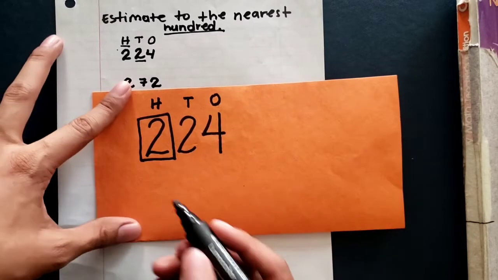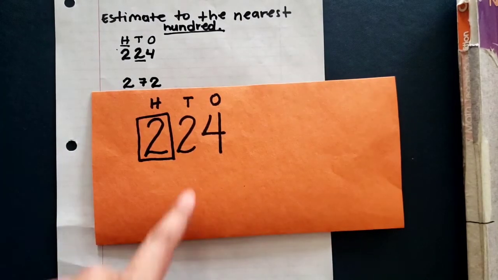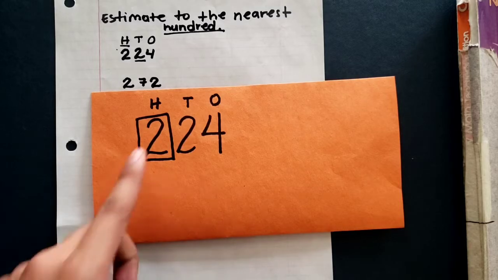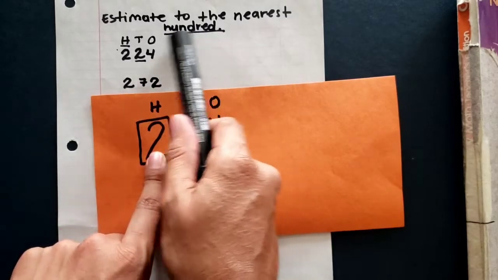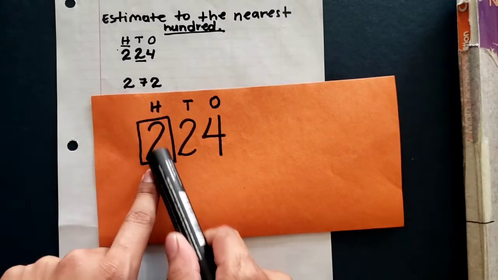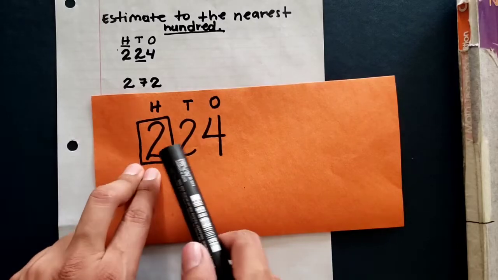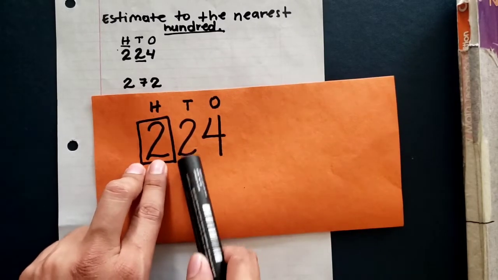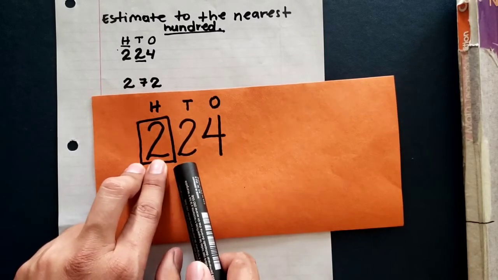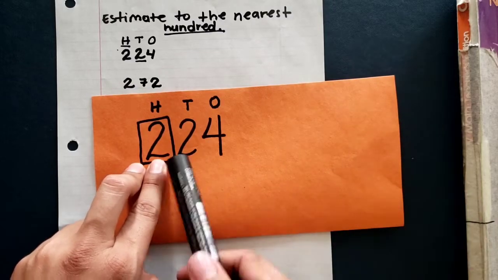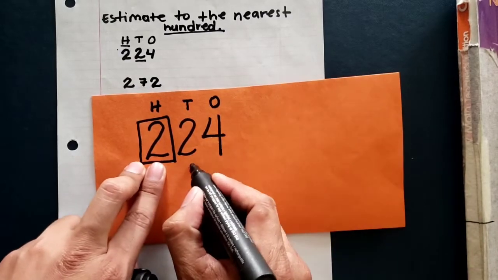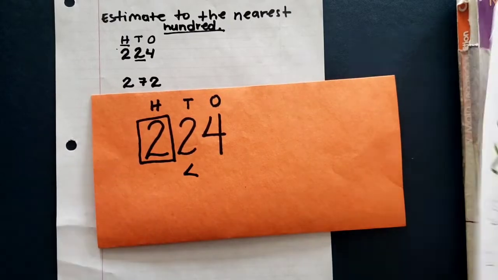Here I have the number 2. I need to estimate to the nearest 100. When we estimate, we need to look at the next number. Is the number that is next lower or greater? Mr. Galvez, it is lower. So what do I have to do?